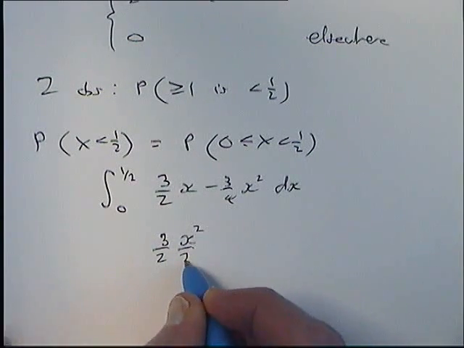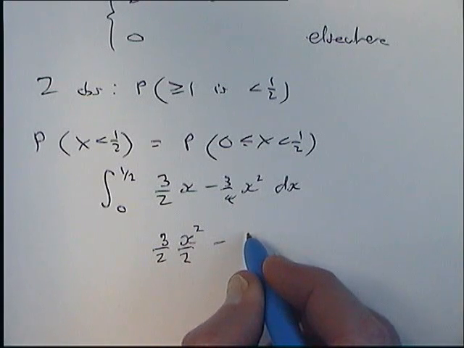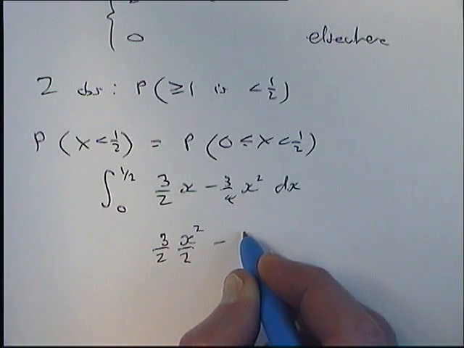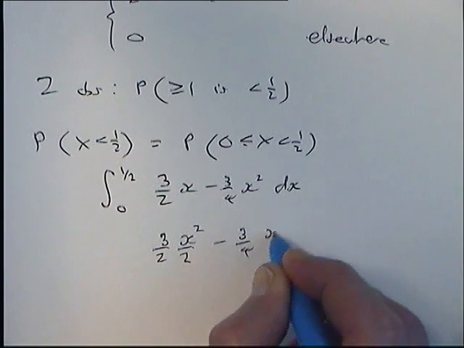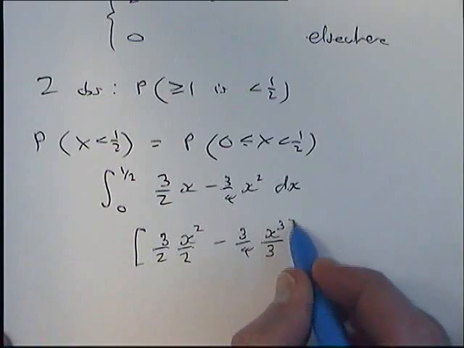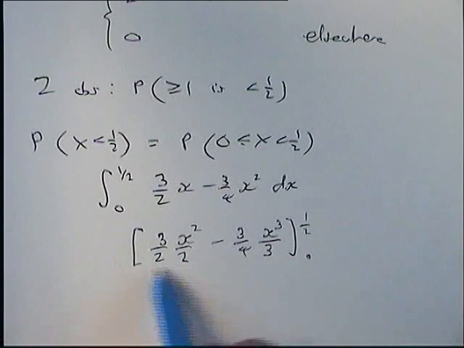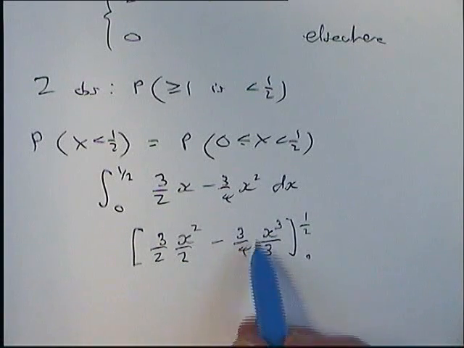So that's right for that bit. Can you do the same thing over here? 3 over 4. Yeah, 3 over 3. That's right. Put those limits in. So we've got 3/4 x squared and 3/12, which is the same as 1/4 x cubed.